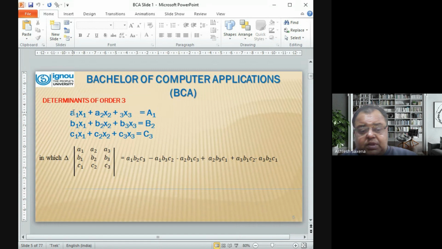I have to simply pick up the coefficients of these variables: coefficients A1, B1, C1, in the same order in which they are given. A1, B1, C1, A2, B2, C2, A3, B3, C3.